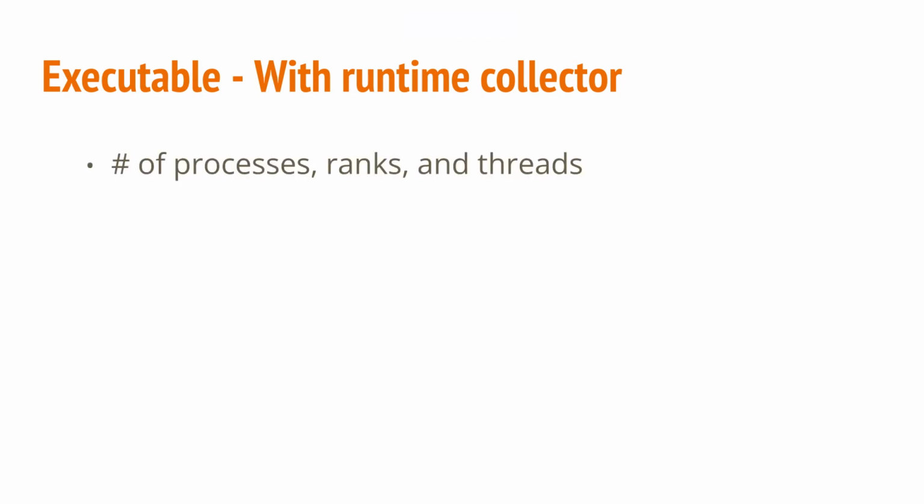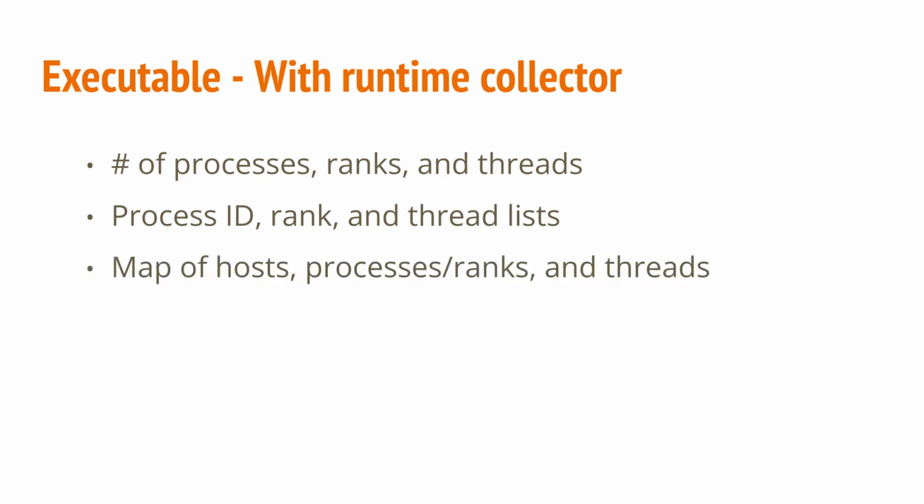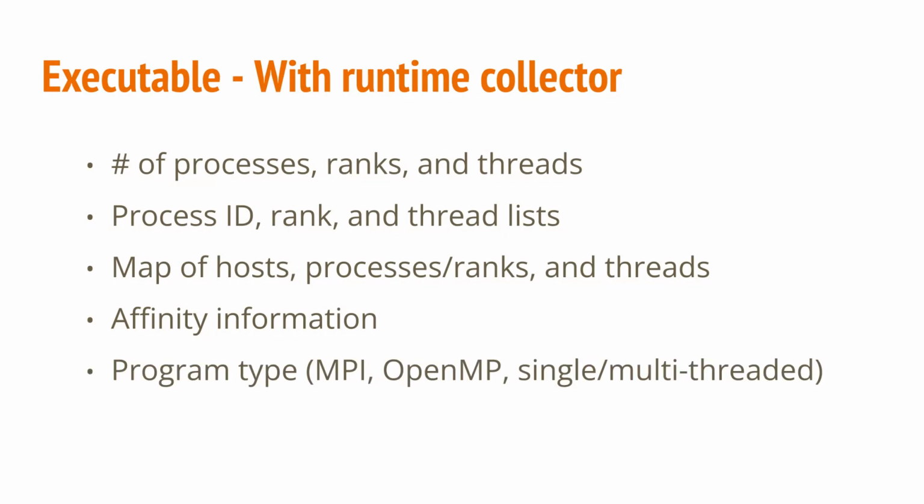This includes the number of processes, ranks, and threads in the run, the process IDs, rank numbers, and thread numbers, the map of hosts to ranks and processes, and then to threads, the affinity information collected both before and after the run, and the program type that survey uses to determine whether it was an MPI program, an OpenMP program, whether it was single or multi-threaded. Now, if you don't use the runtime collector, the metadata shown here on this slide isn't collected, although some of the data here can be inferred from other data that is collected.